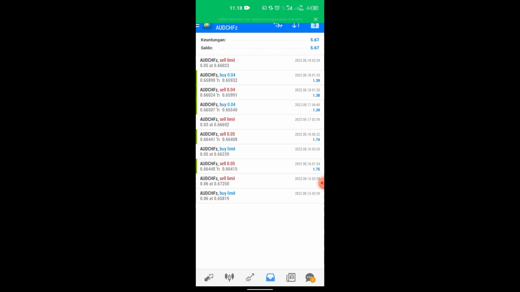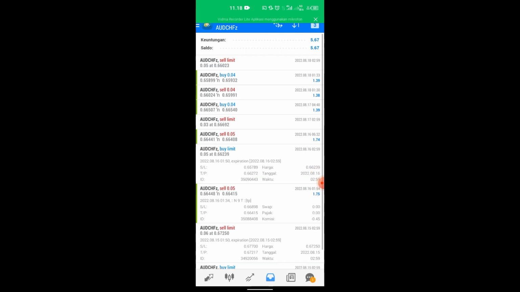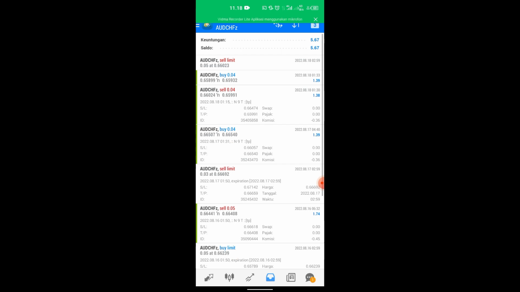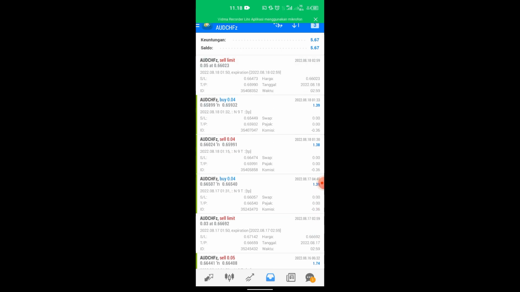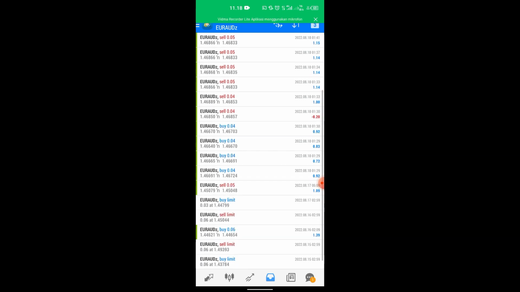Australian dollar to Swiss franc zero spread. Earn a profit of $5.67. Euro to Australian dollar zero spread. Earn a profit of $6.72.